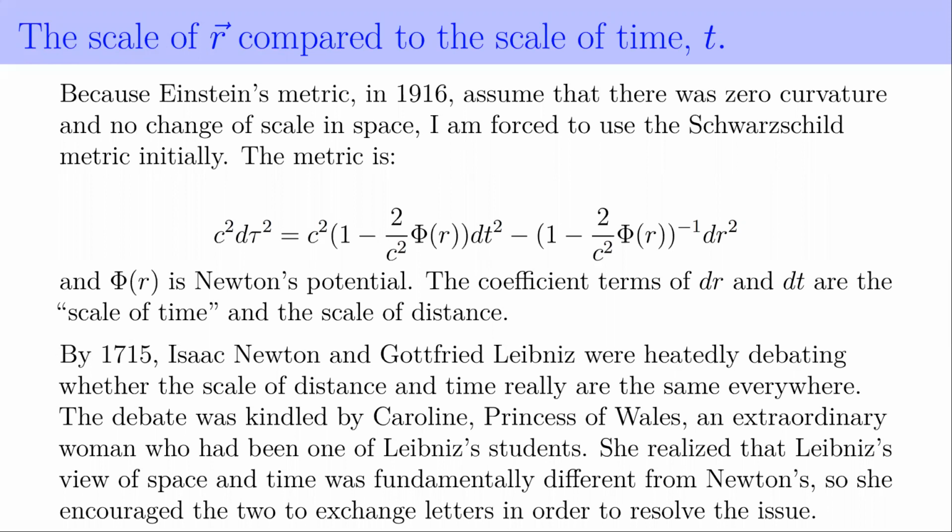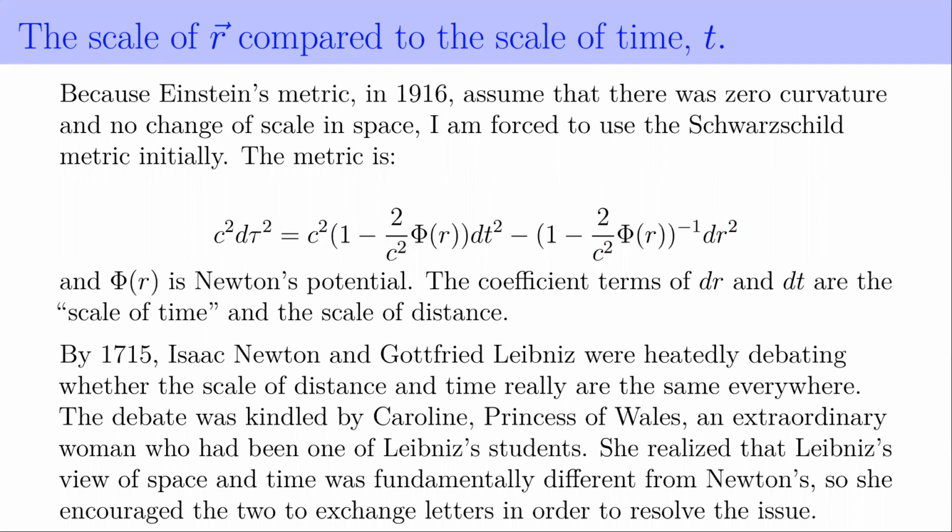Because Einstein's metric assumed that there was zero curvature, I'm forced to use the Schwarzschild metric initially to show that his metric was accurate.